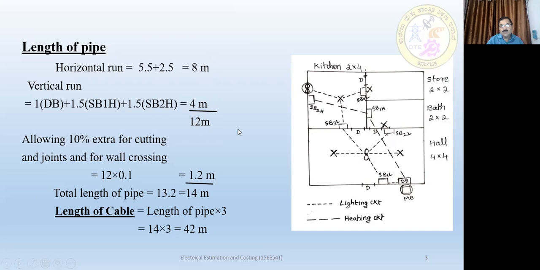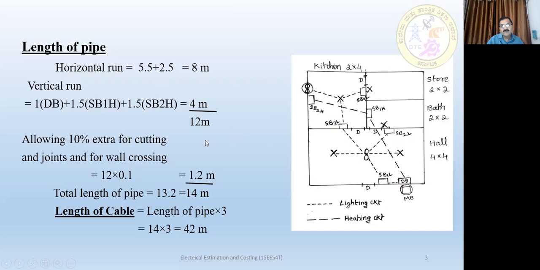Now we have to allow some extra length of pipe for cutting and joints and for wall crossing. In the diagram we cannot see the thickness of the wall. It is about a 9 inch wall, so here it is crossing 9 inch. When you cut the pipes in the middle and join them, some length of pipe will be wasted.